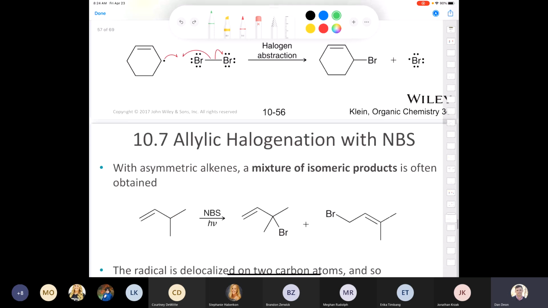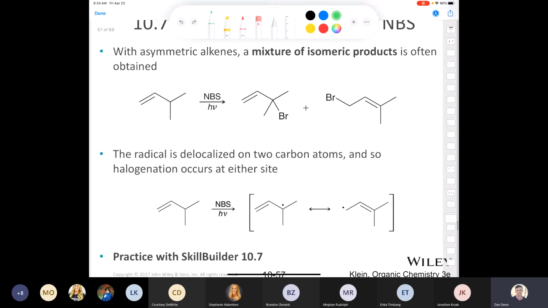Really, what you're going to be quizzed on is this: if you take a compound that has an allylic carbon-hydrogen bond and treat it with NBS and light, you get the allylic bromination, but you can end up with a mixture of isomeric products if you can produce a resonance-stabilized intermediate that has a resonance contributor different from the radical you're starting out with.